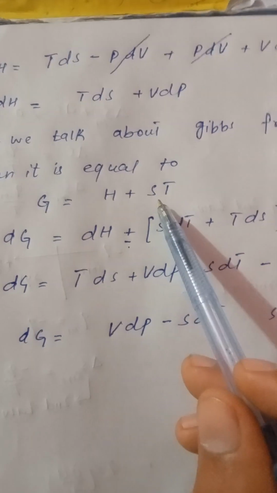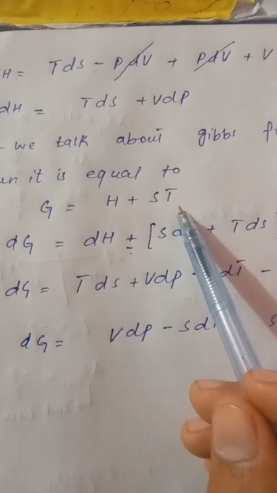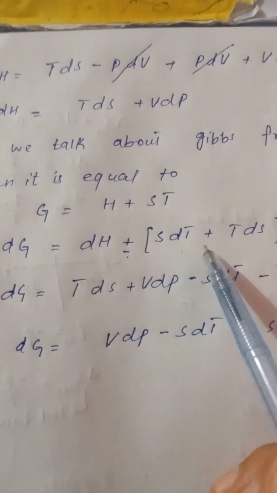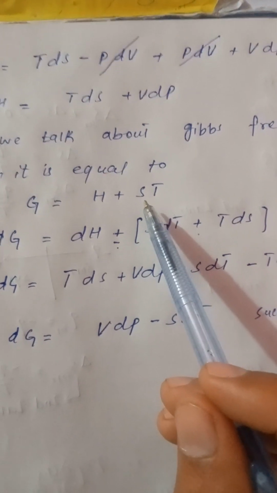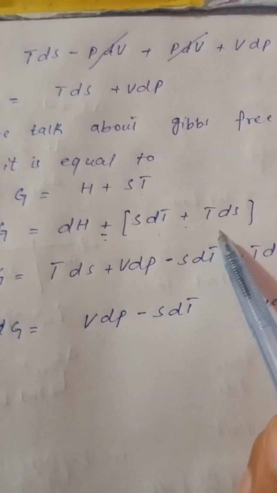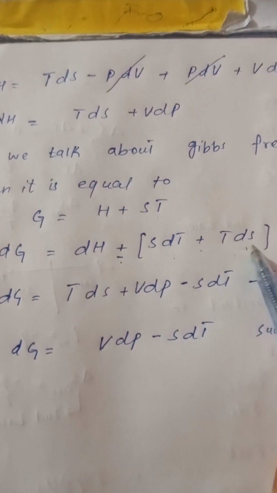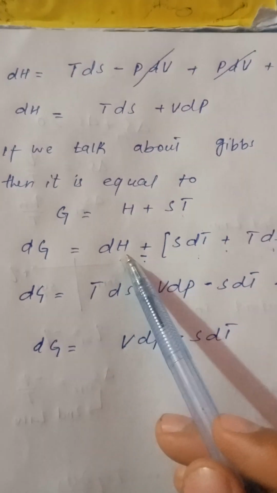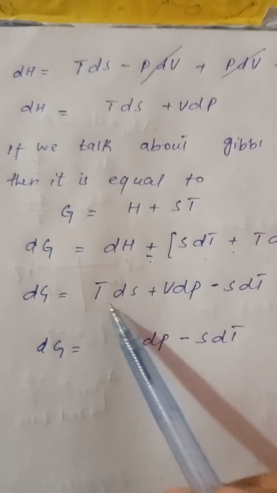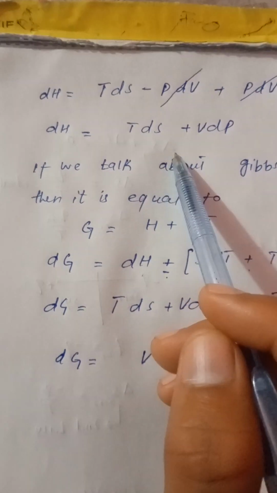It shows that we take the first value as it is and the derivative of the second thing, plus the second thing as it is and the derivative of the first thing. And we know that the dH value is equal to TdS plus VdP.